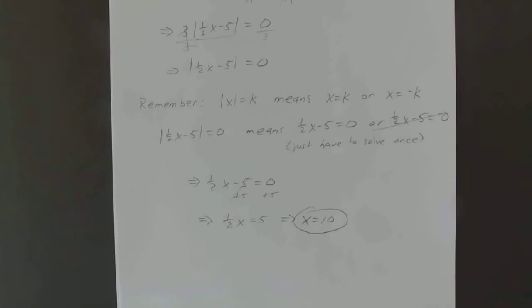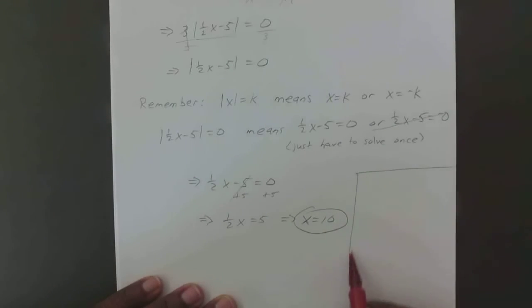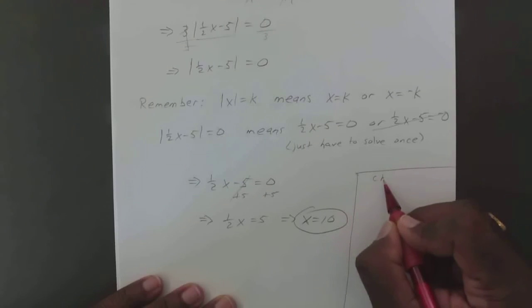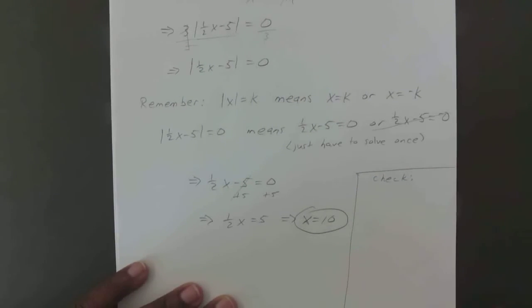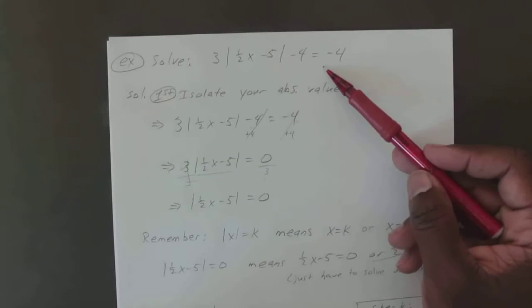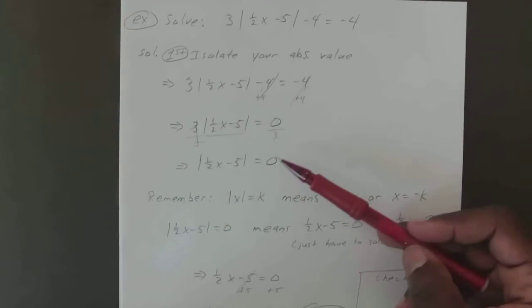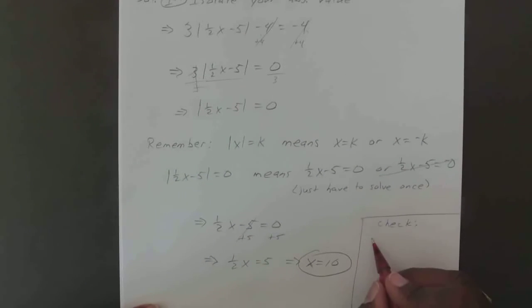And we might as well go ahead and check it. So if we plug that into our absolute value, you can plug it into either one. If you want to plug it into the one at the very beginning, you could. If you want to plug it into this one, it would be the same answer. So you can pick either one. So you have the absolute value of 1/2 x minus 5 equals 0.